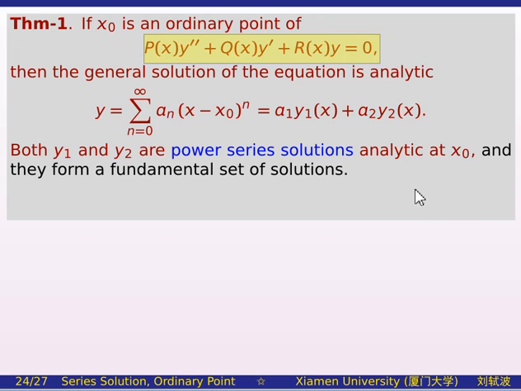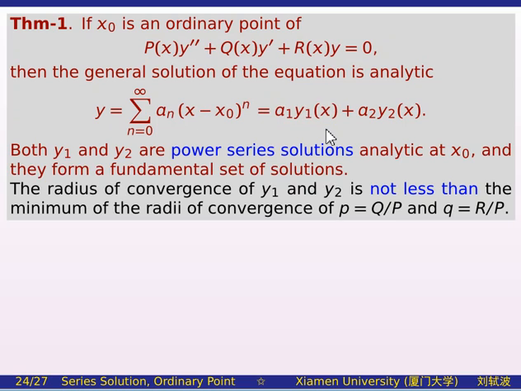Okay. Now, how large is the radius of convergence of this power series? The second part of this theorem says that the radius of convergence for y1 and y2 is not less than the minimum of the radii of convergence of these two analytic functions. Our assumption is that small p and small q are analytic. Why are they analytic? Because x0 is an ordinary point.